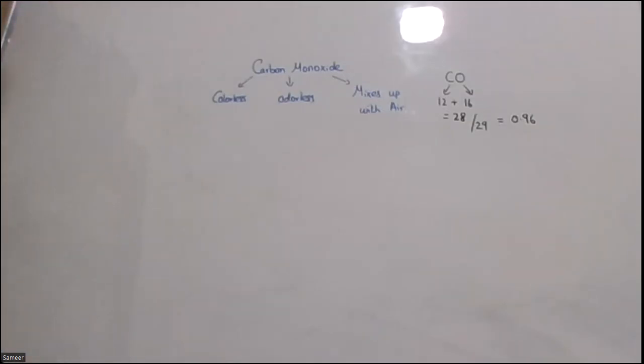Most of the deaths or incidents we have seen happen because carbon monoxide, upon inhalation, tends to remove the oxygen from the human body, and a person who is sleeping tends to die. So carbon monoxide is also known as the silent killer.